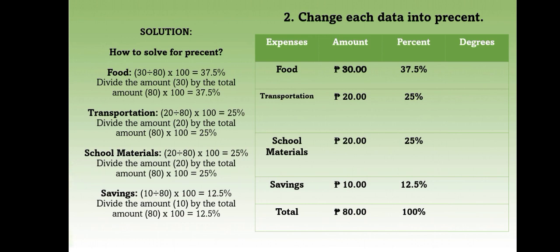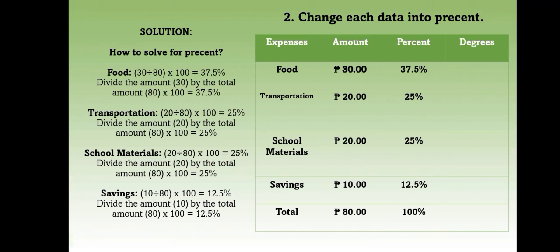For the transportation, divide 20 by 80 multiplied by 100 equals 25%. For the school materials, divide 20 by 80 multiplied by 100 equals 25%. For the savings, divide 10 by 80 multiplied by 100 equals 12.5%. The total is 100%.